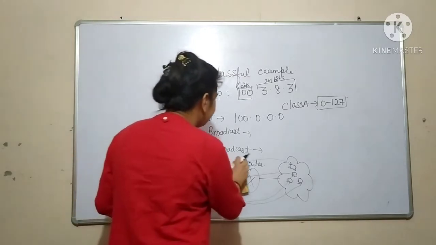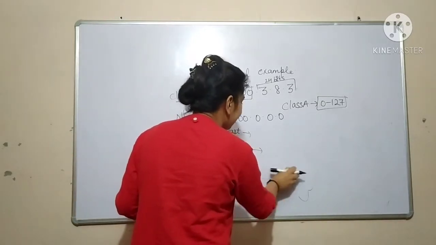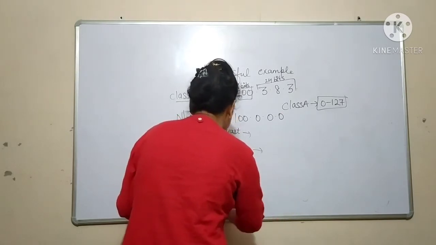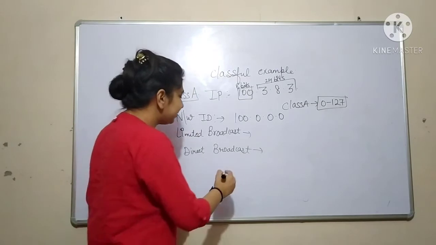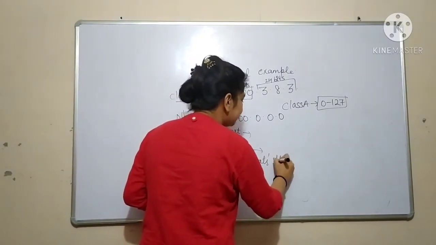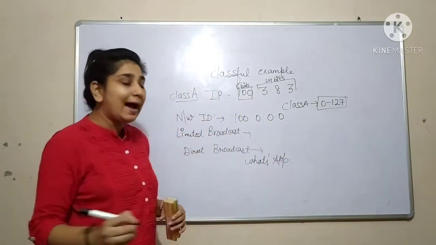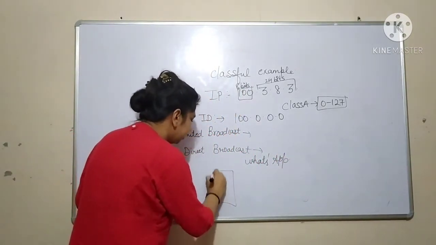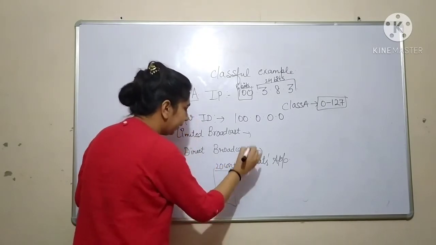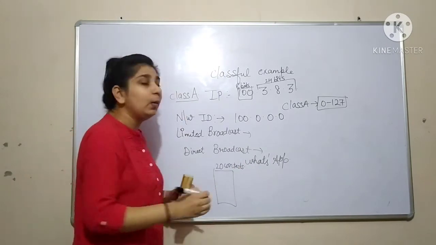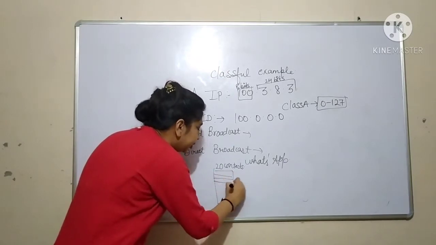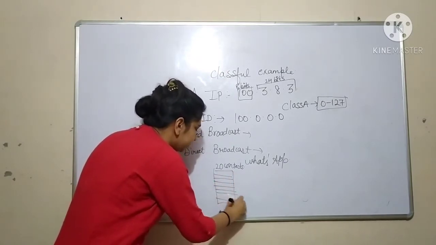Let me give you one more example of limited and direct so that you can remember it for a long period of time. Let's take an example of WhatsApp. Let's suppose I have 20 contacts in my WhatsApp and I want to send my YouTube video link to all these 20 hosts.